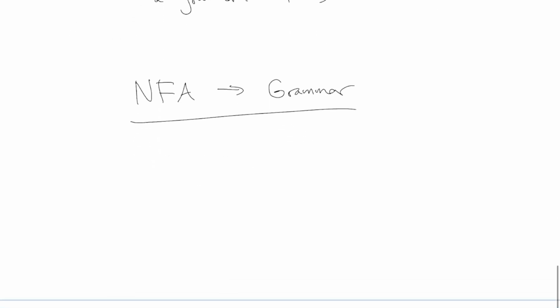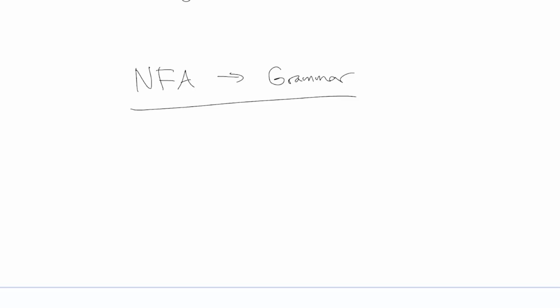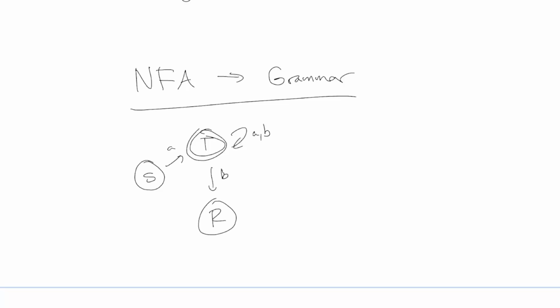Check it out. Let's say I have an NFA. I'm just going to make up an NFA here. There's nothing special about this. You can easily do this procedure to any NFA. I put an epsilon in there just for fun. How do I convert that into a grammar?